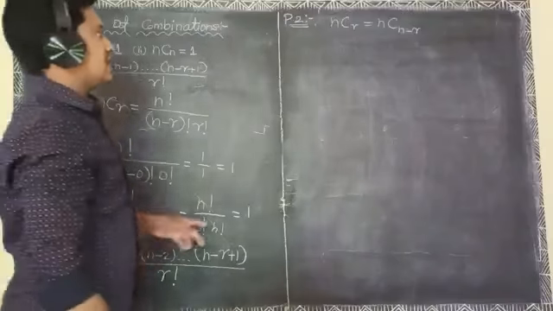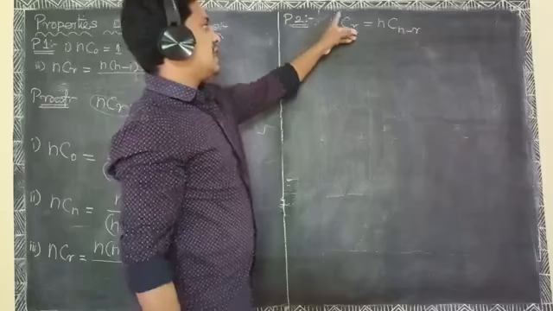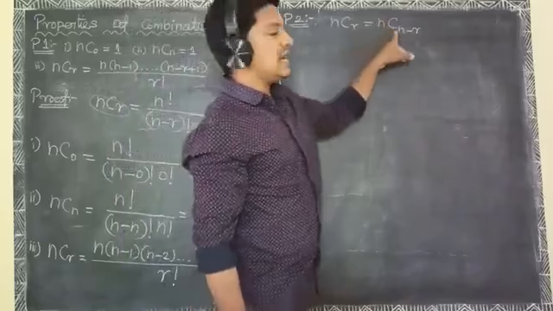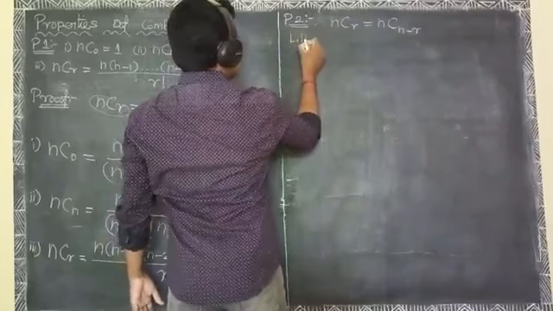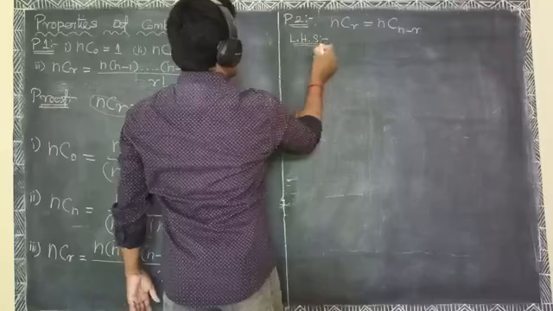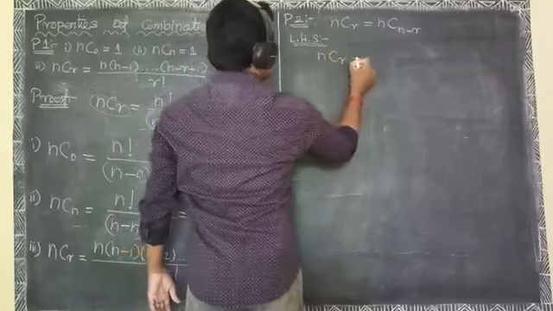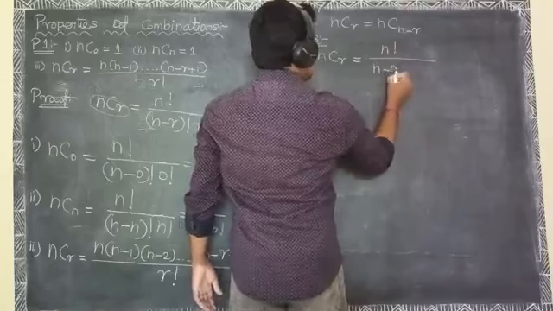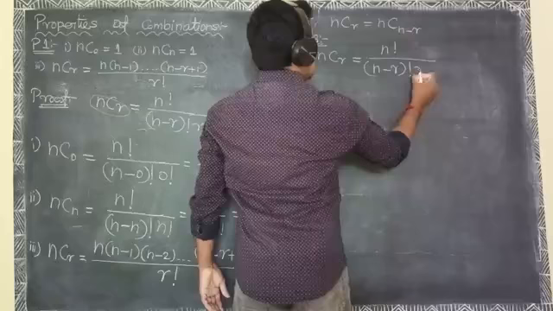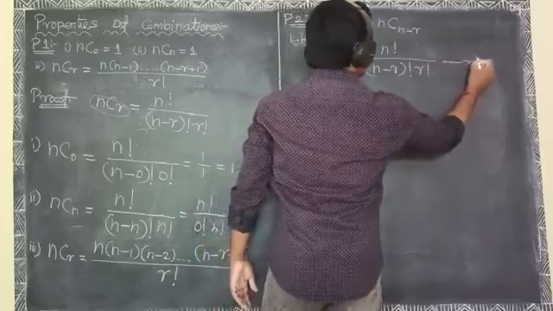In property number 2, nCr is equal to nC(n minus r). We find the left hand side, nCr, which is equal to n factorial divided by (n minus r) factorial into r factorial. This is equation number 1.